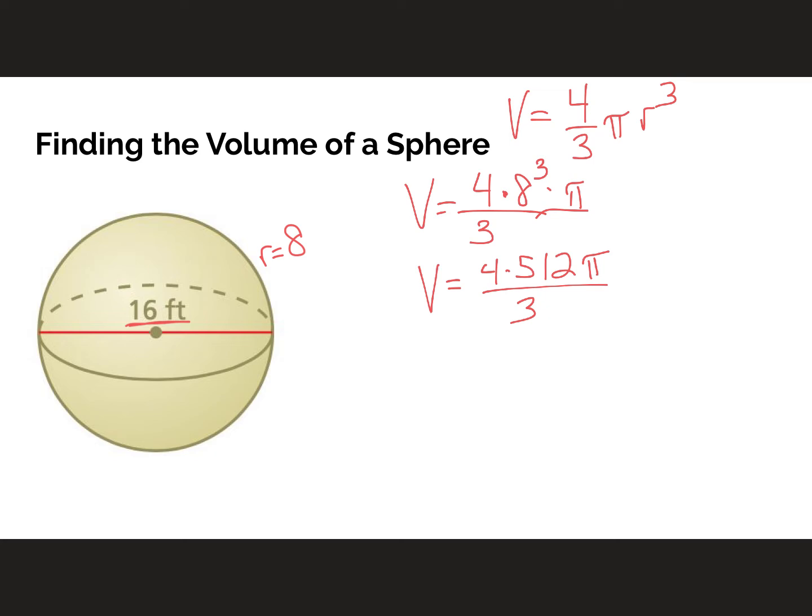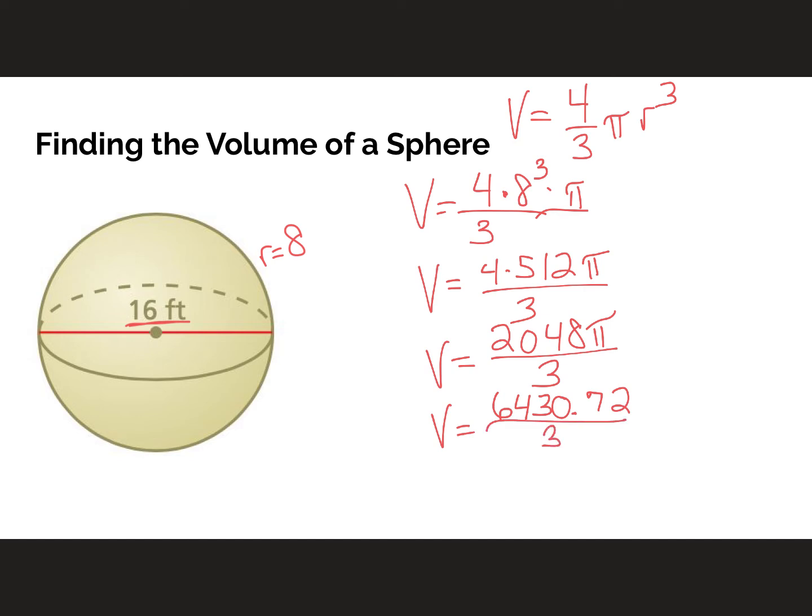So 512 times 4 gives me a volume of 2,048 times pi divided by 3. 2,048 times 3.14 gives me 6,430.72.